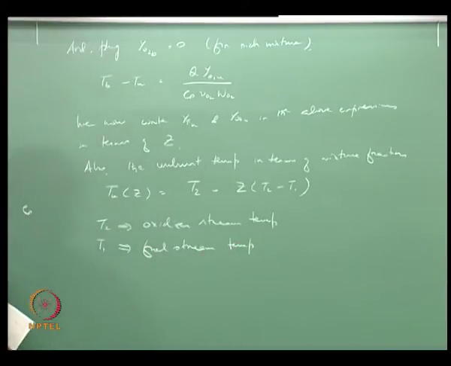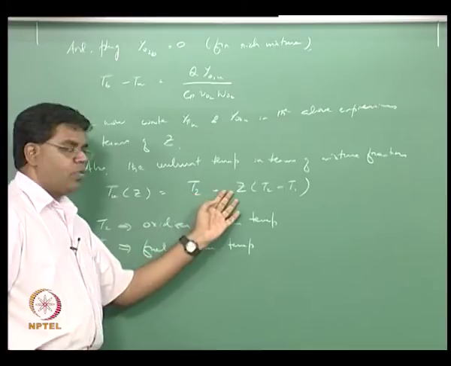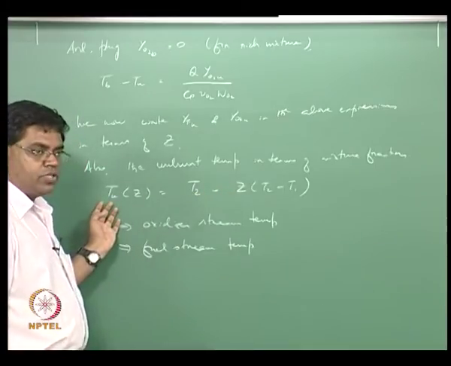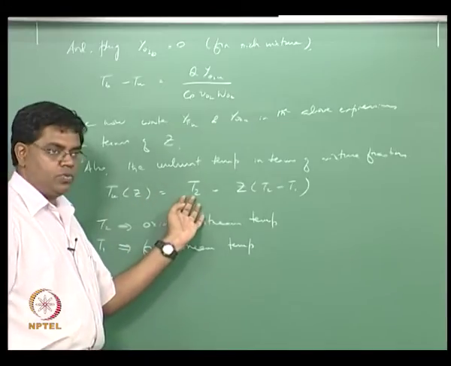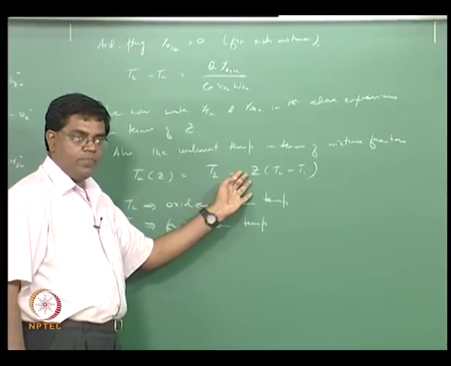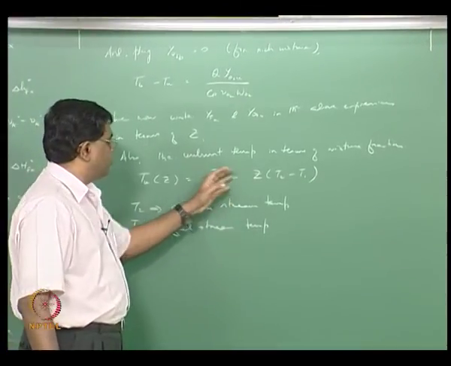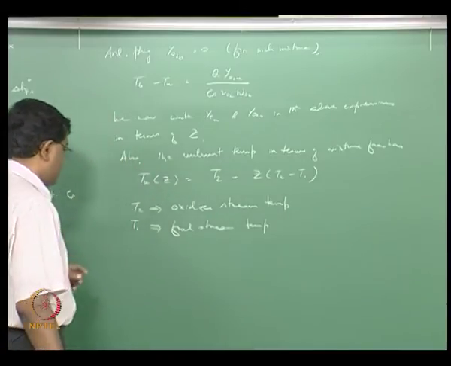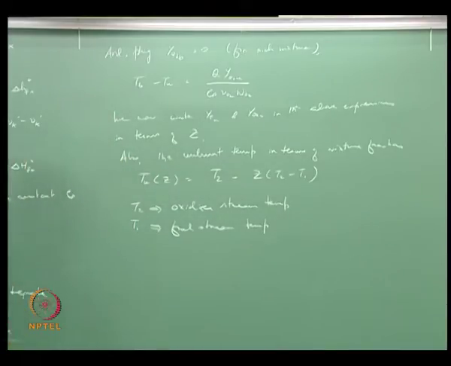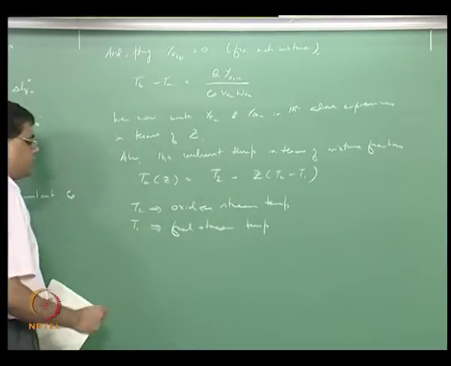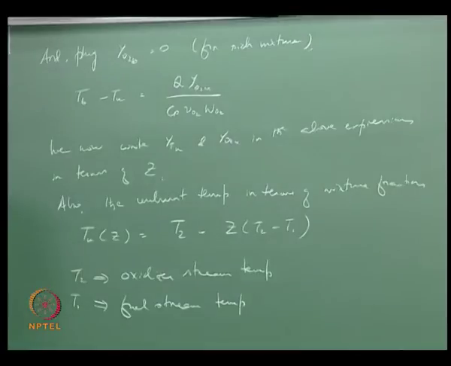If I plug in Z equal to 0, then it's all oxidizer, and I get the unburnt temperature for the oxidizer stream to be T2. If Z is equal to 1, then it is the fuel stream, the T2 gets cancelled and you get T1, the temperature of the fuel stream. So this is a linear relationship between the two temperatures for the unburnt temperature of any given mixture fraction in between.